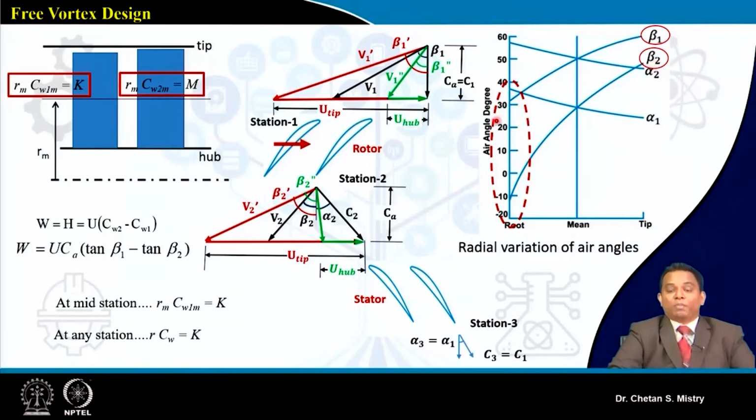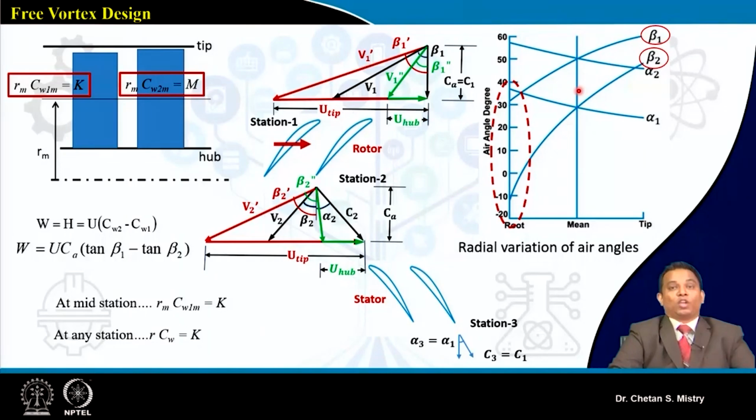When delta beta is larger, you can understand that's where more work needs to be done. This delta beta variation gives us an idea of what is happening in terms of blade twist. And that's the reason we must realize that the blade for free vortex design will be a highly twisted blade.